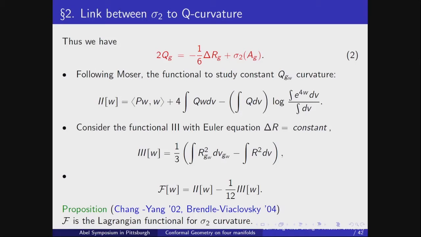So there's a functional 3 whose Euler-Lagrange equation is Laplace R. That means to study sigma 2, we first study the functional 2 using PDE tools, and then we study the functional 3 and cancel it out, and that is the variational method to study sigma 2. And that's our approach.